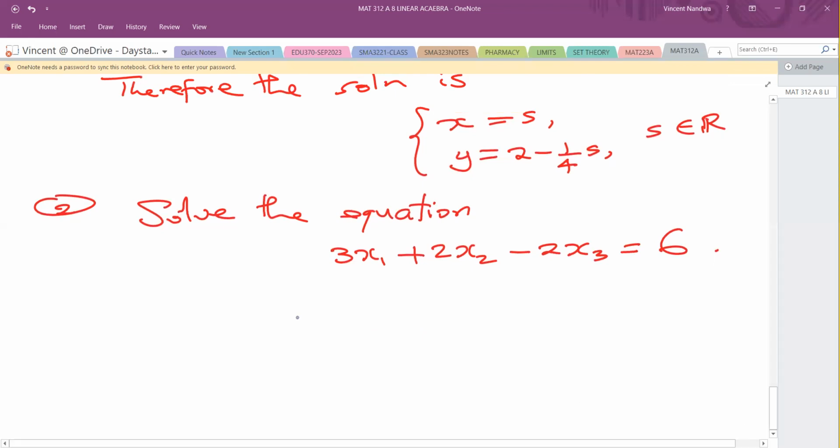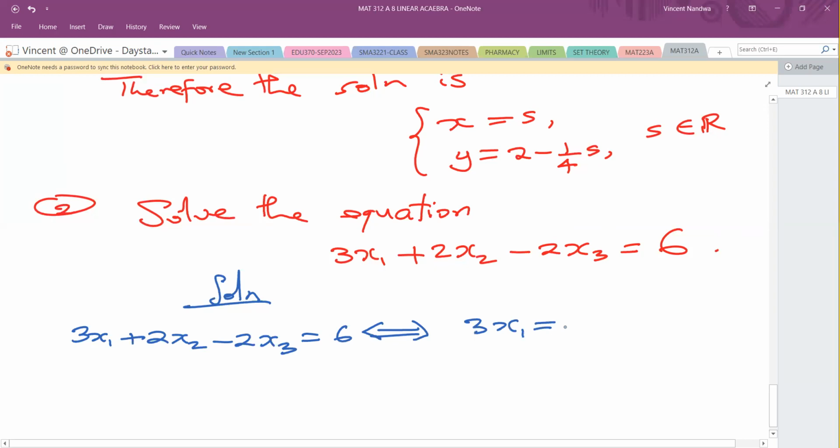So 3x1 plus 2x2 minus 2x3 equals 6 is equivalent to saying 3x1 equals 6 minus 2x2 plus 2x3.